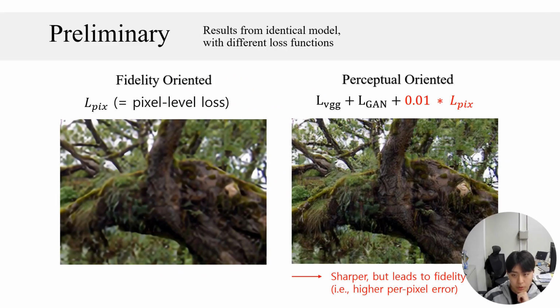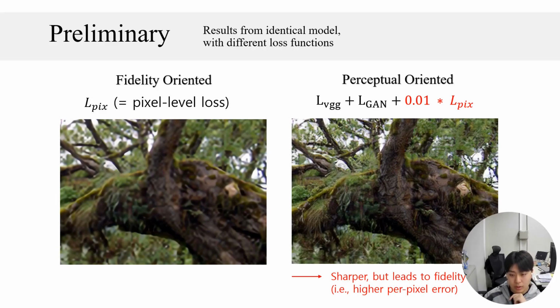For now, the common solution to the blurring phenomenon is to introduce perceptual loss, LVGG, and the adversarial loss, LGAN, to enhance realism and fine details. I won't go into much detail about these loss functions, but what you need to remember is that these additional losses significantly improve visual quality and are widely used in modern super resolution models, but often hinder fidelity convergence.